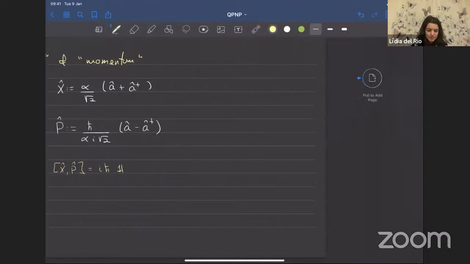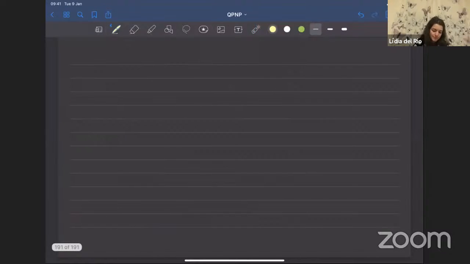Maybe I start it on the next page. Okay, so the commutator [x, p] is xp minus px, and now we need to replace it with the whole thing. So what was x? It was alpha over square root of 2, (a plus a dagger). I will leave the hats off for now, just so it doesn't get too cluttered, but remember these are operators.